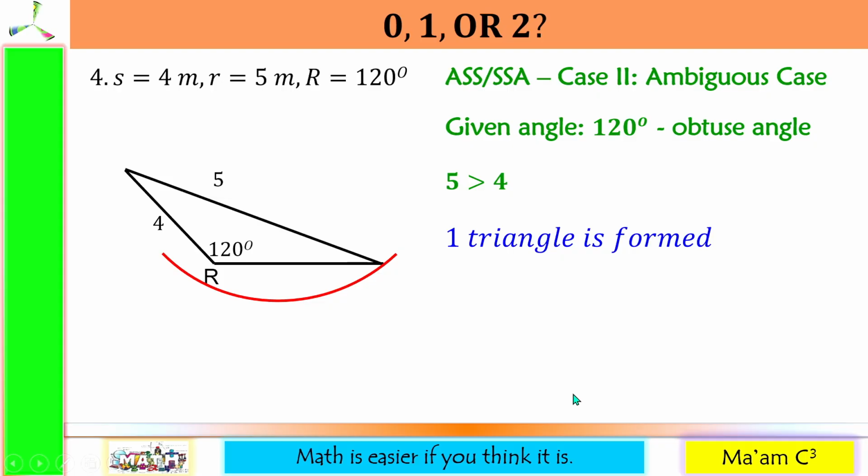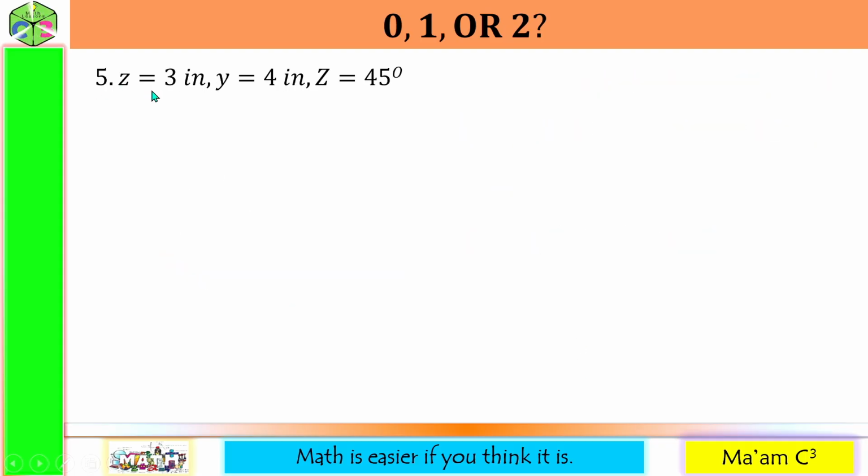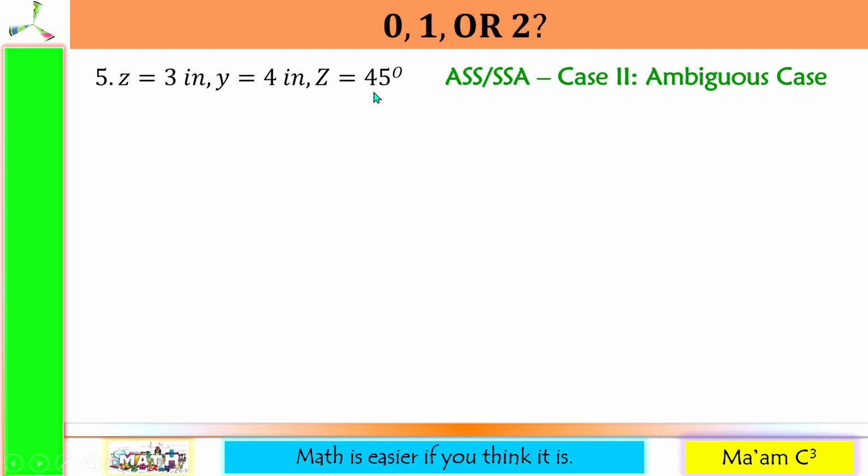Let's have one more. We have here z is equal to 3 inches, y is equal to 4 inches, and angle Z is equal to 45 degrees. So we have side, side, and an angle. ASS or SSA is still ambiguous case. So we're going to look for the angle, and it is 45 degrees.